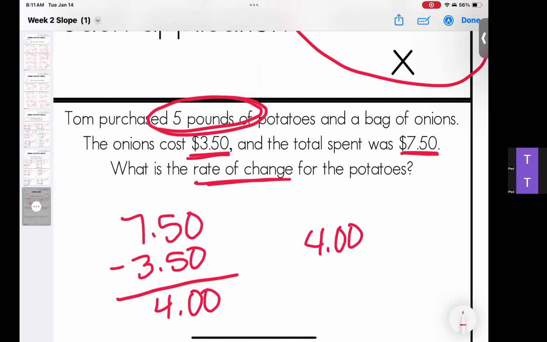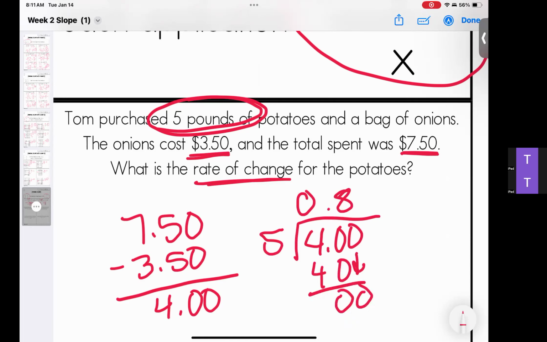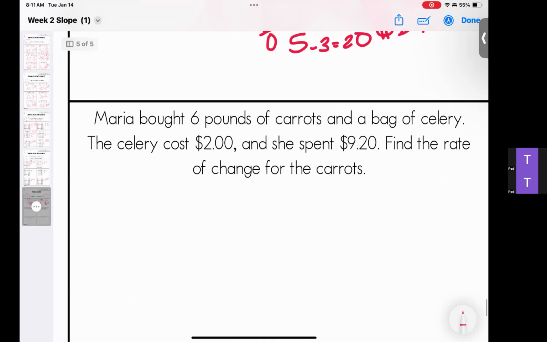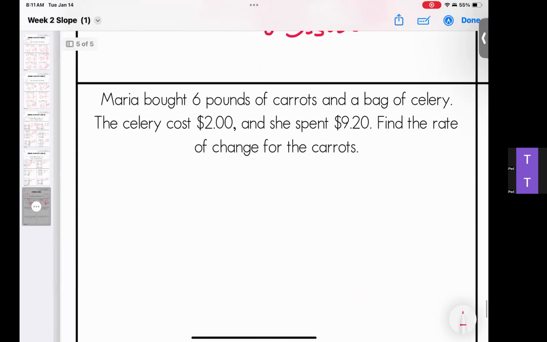We're going to divide that $4 by the 5 pounds. And we get 80 cents a pound. That is our rate of change. Every time we add another set of potatoes, it's going to raise by 80 cents. That's our rise over run.